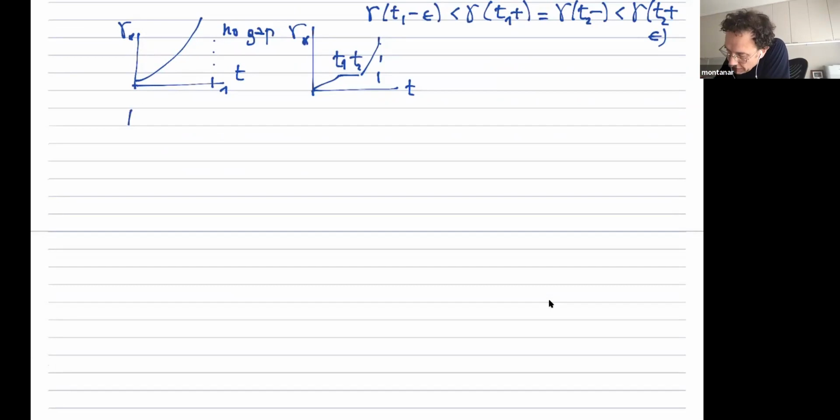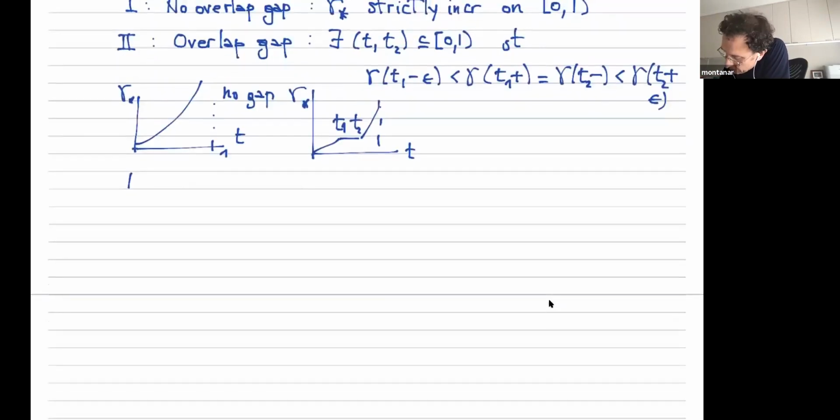So if you think of the interpretation, this is the probability that if you take two near optima they are at a distance between T1 and T2. So in the first case, the CDF is strictly increasing, so the measure nu beta has support everywhere on the interval 0, 1, which means that you can find near optima at all possible scalar products, at all possible distances between them.